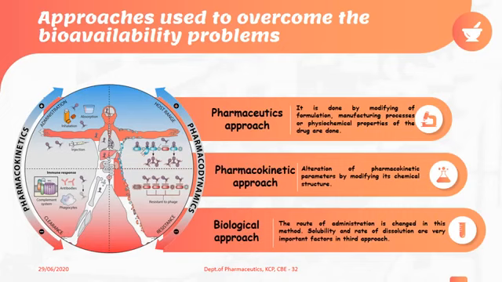Second is the pharmacokinetic approach, by altering the pharmacokinetic parameters by modifying its chemical structure. The third is the biological approach: the route of administration can be changed. Solubility and rate of dissolution are important factors mainly in considering this biological approach. So these are the various approaches to overcome bioavailability problems.